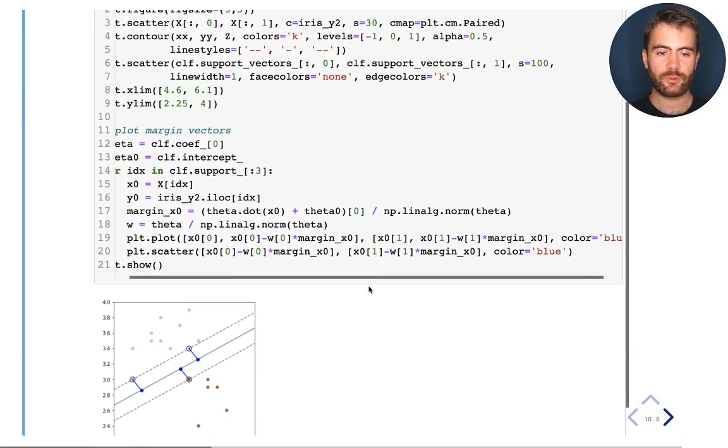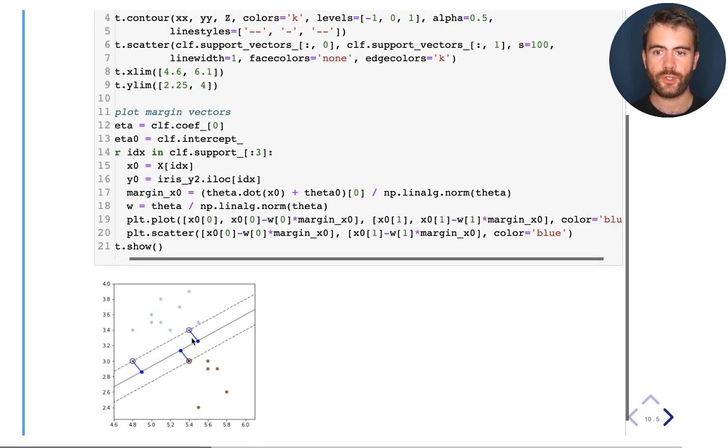In particular, we can use this formula to plot the following blue segments. Here I have some Python code that will generate the vectors that have the same length as the margin, and their length is precisely the distance between the closest points and the hyperplane.